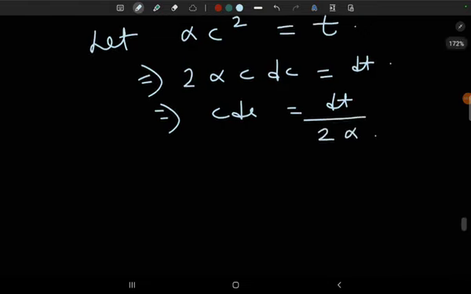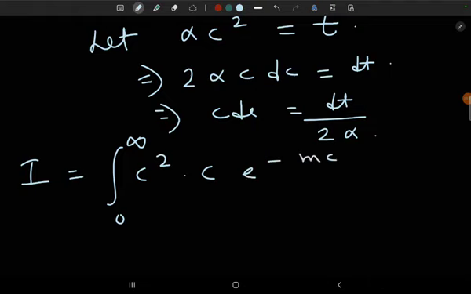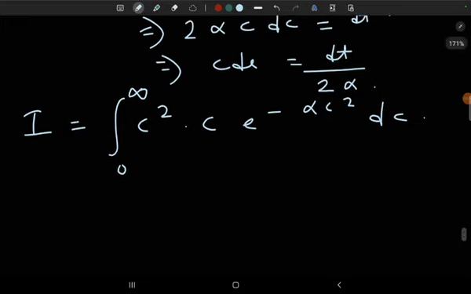We had c cubed in the polynomial part, so we could write c squared into c, e to the power minus alpha c squared dc.